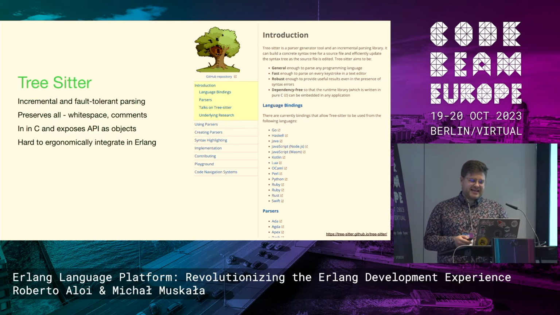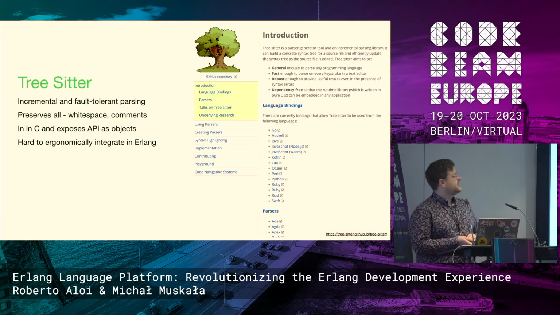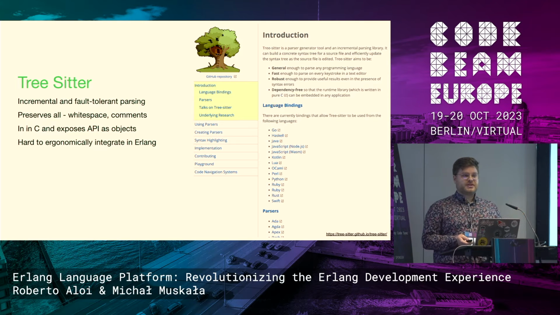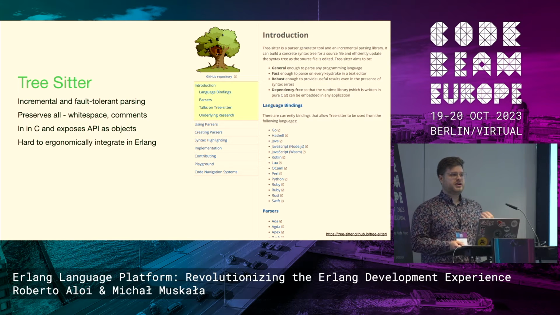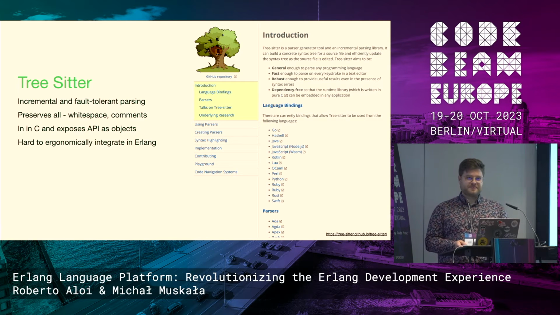But the second point is that this is a C library. So if we wanted to use it from Erlang, you would need to do NIFs. It is quite an extensive library, so there would be a lot of NIF code. And what's even worse is that a lot of the objects returned from it are not thread safe.